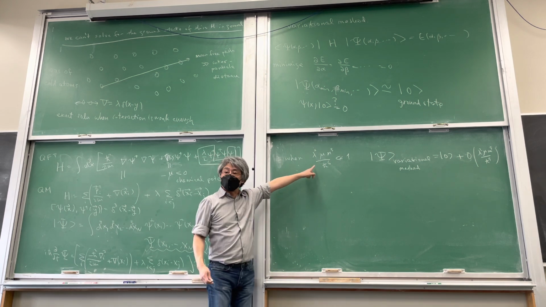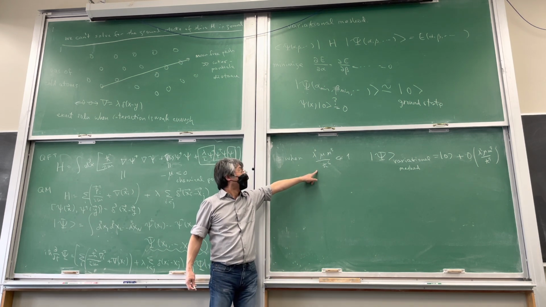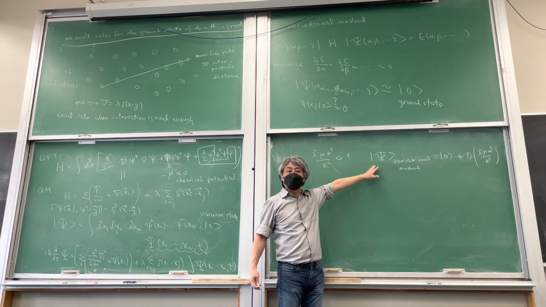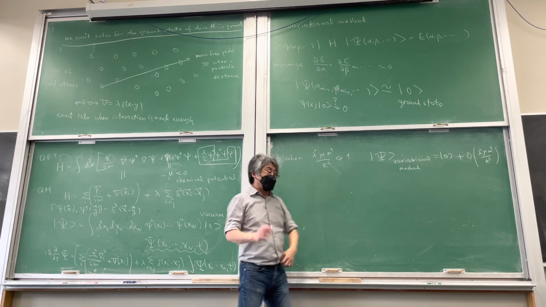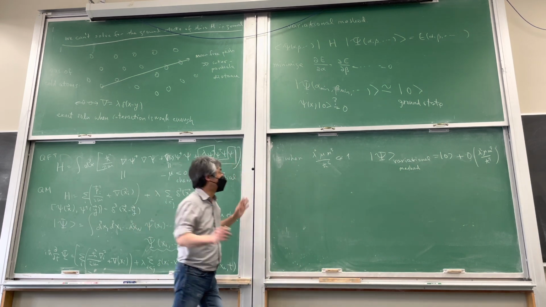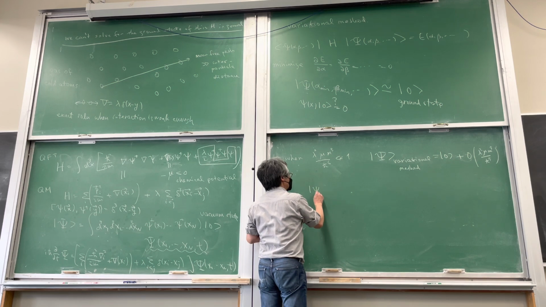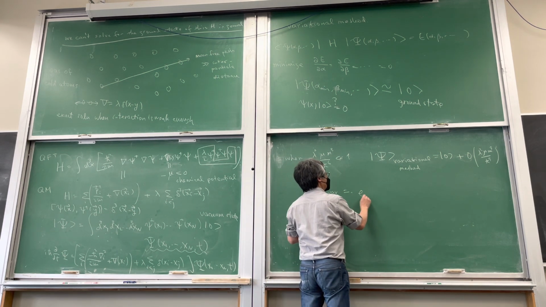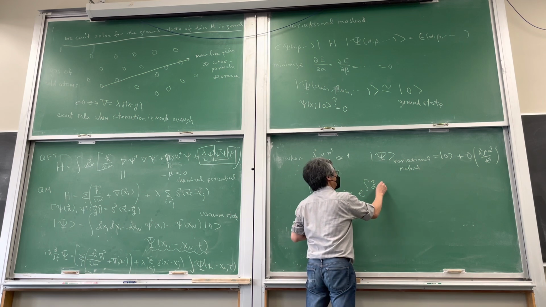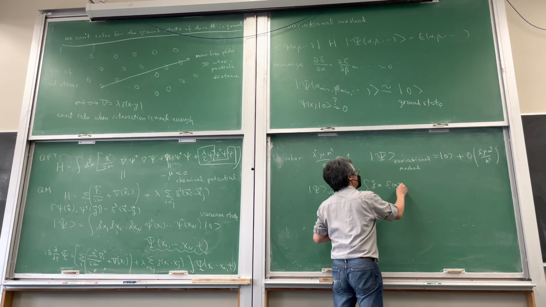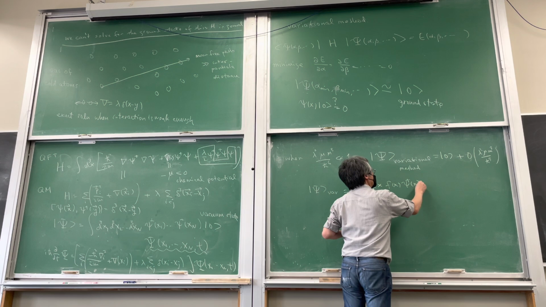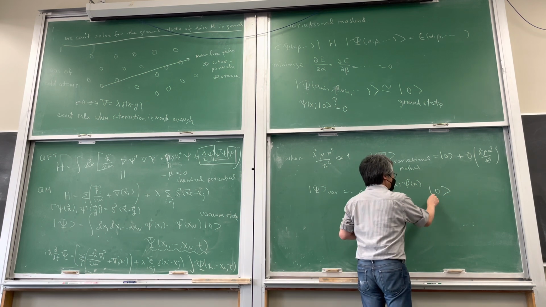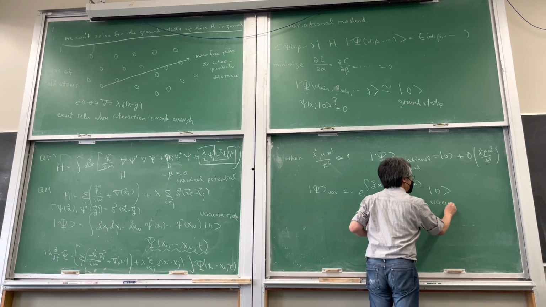So in the limit where this combination is small, the variational method gives you the exact ground state, where this variational ground state is given by this, and this is the vacuum state.